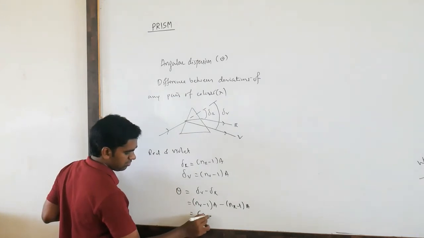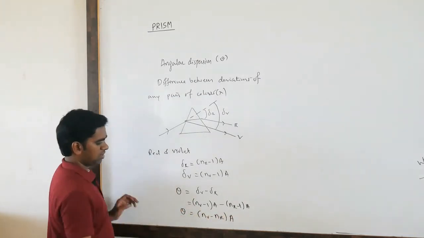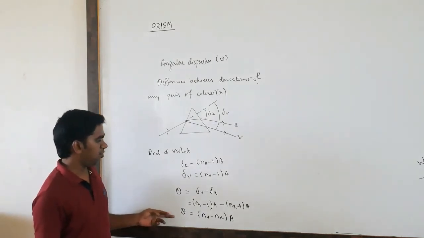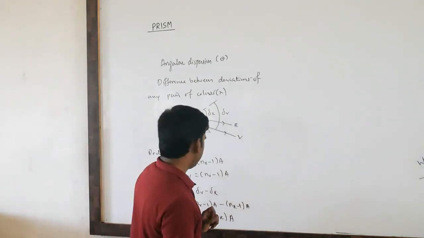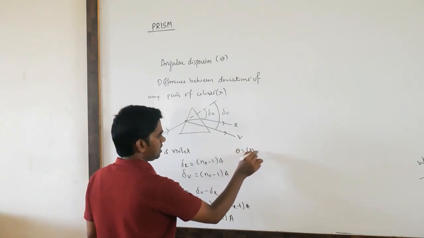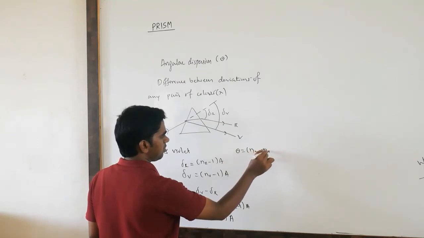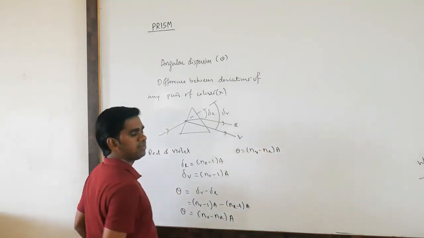What remains is (NV minus NR) into A. So this is the formula for angular dispersion: theta equals refractive index for violet minus refractive index for red, into the angle of the prism.